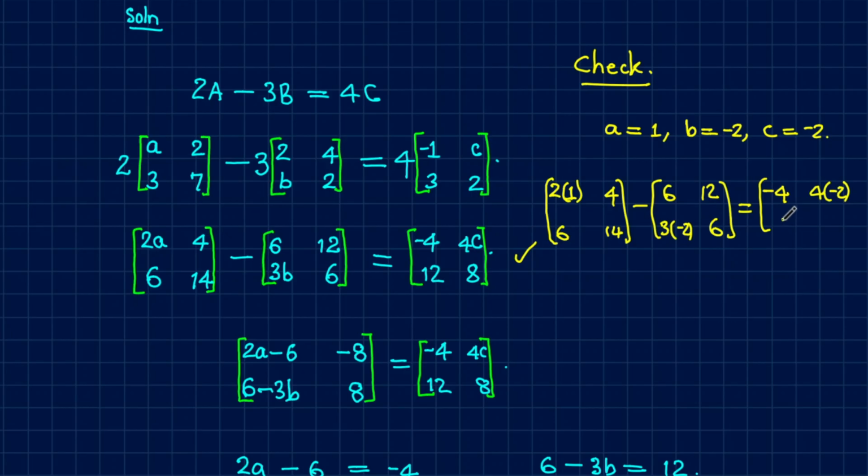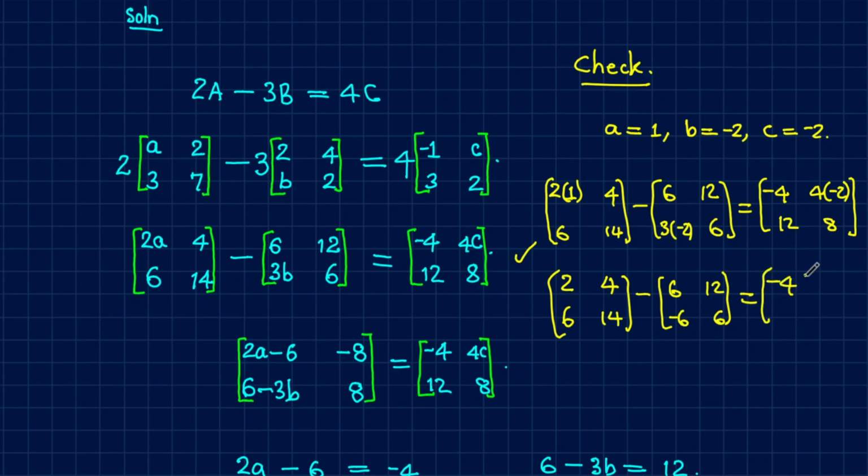Again, here we have 12 and 8. So let's simplify this together. Here we have 2, 4, 6, and 14. Then the second one, we have 6 and 12. We can make it 6 and 6. So this must give us a result of -4, and this becomes -8, 12, and 8.